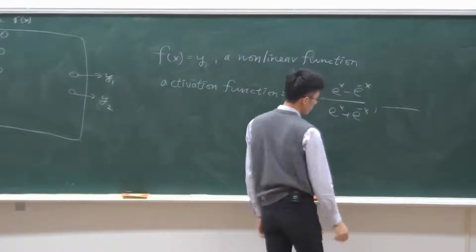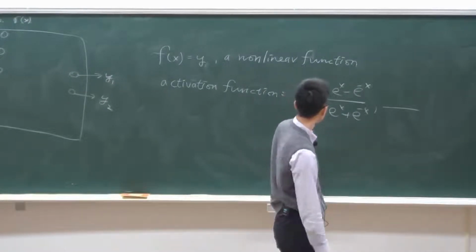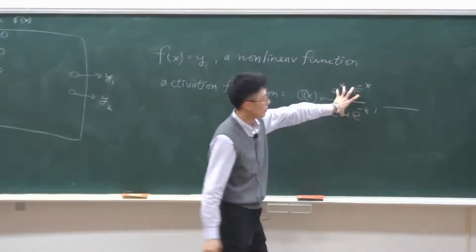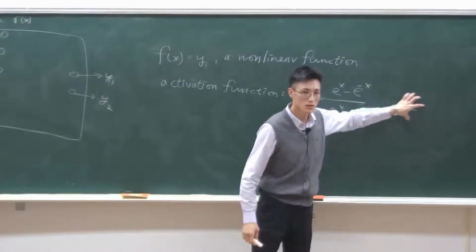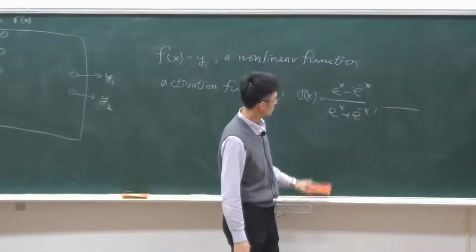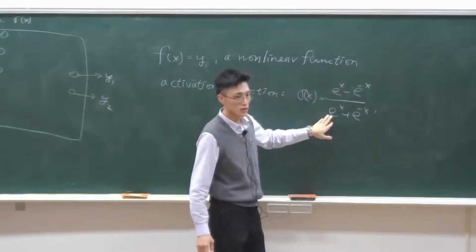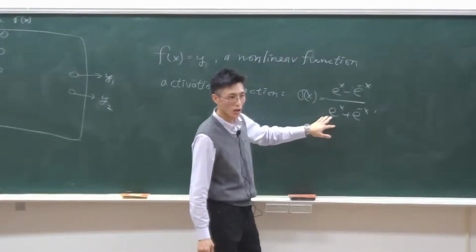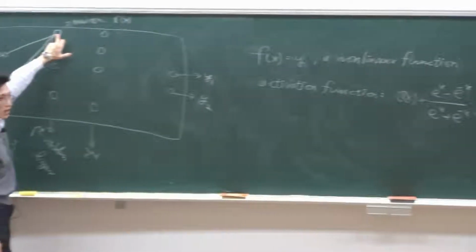I forgot the others, but this is one type of activation function. There are many types you can select. But the requirement is it has to be a nonlinear function.